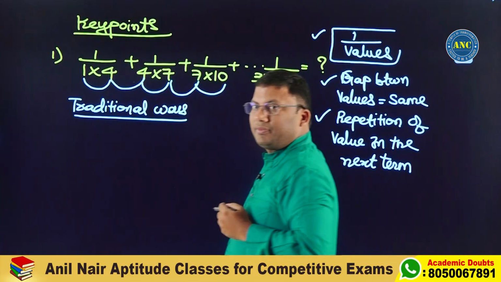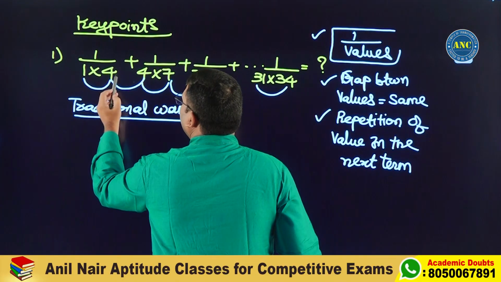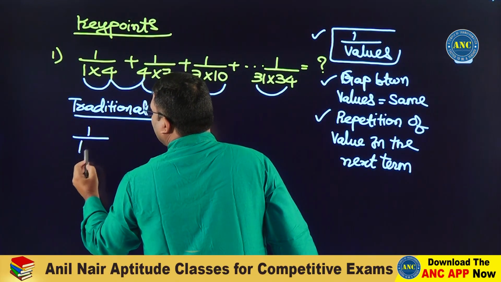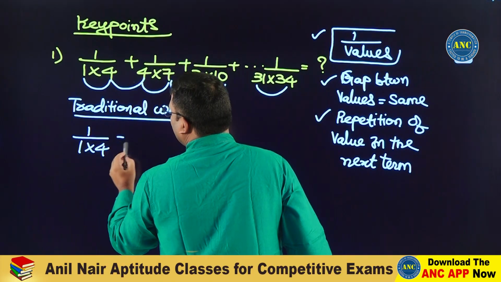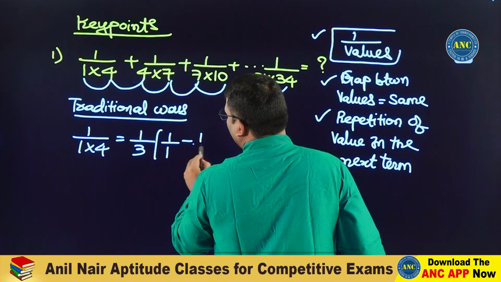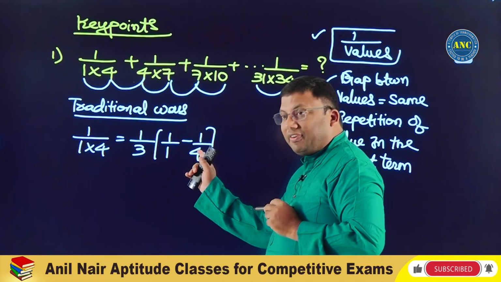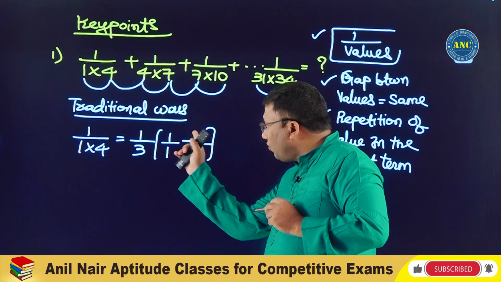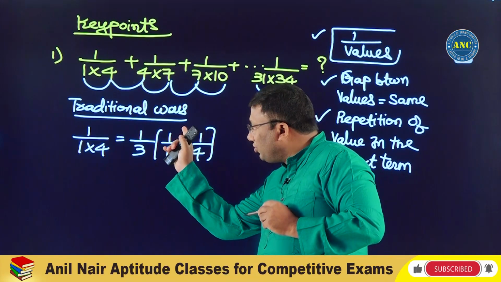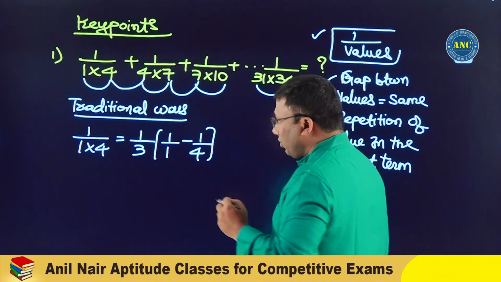Traditional way. Now see here, 1 and 4 difference is 3. Can I write 1 by 1 into 4 as 1 by 3 into 1 minus 1 by 4? Because if I take LCM 1 into 4, 4 minus 1 is 3, 3 will get cancelled, and what remains is 1 by 1 into 4.